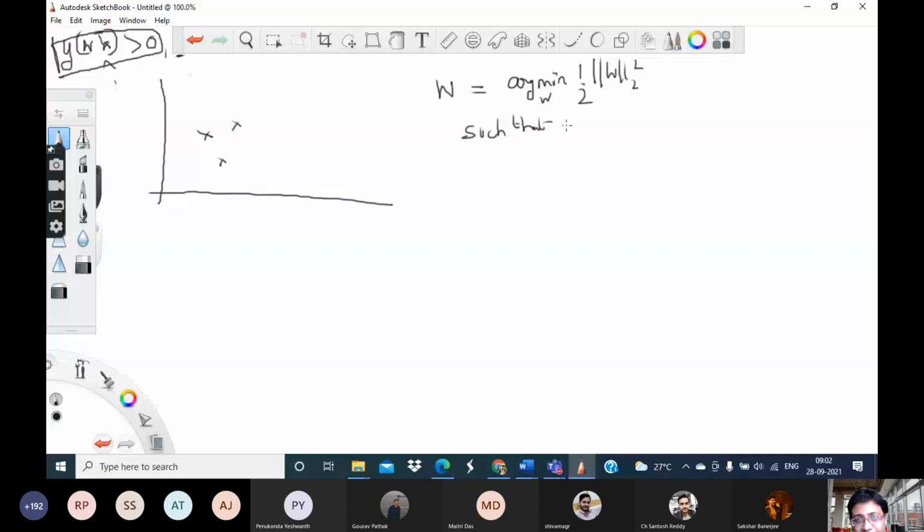So I write that such that yi times W transpose Xi is greater than or equal to 0 for all i. Correct? So this basically means all points are correctly classified.